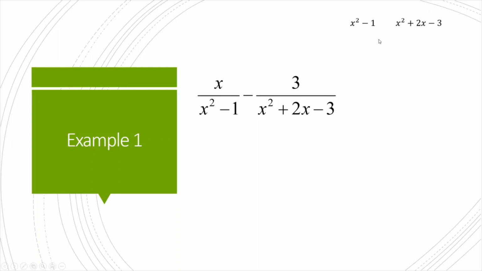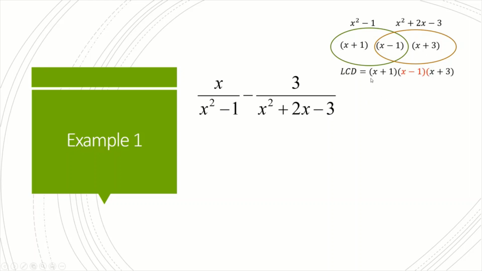So they have an x minus 1 in common. The other factor is x plus 1, and over here x plus 3. So multiply these together, and you don't have to simplify them here. You can just leave them multiplied together, and that would be your LCD.